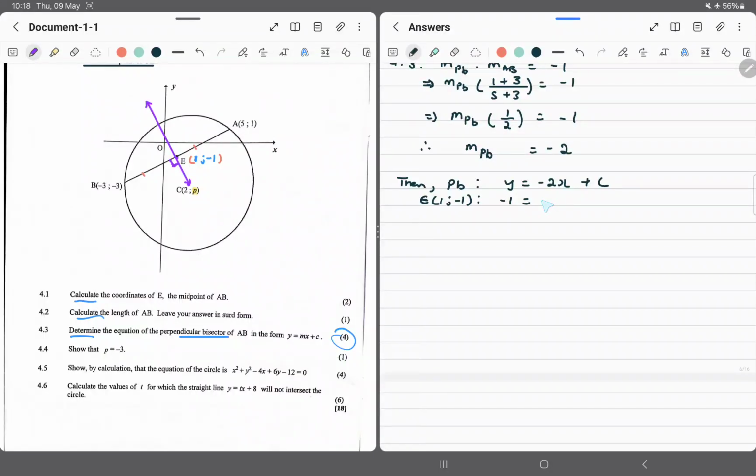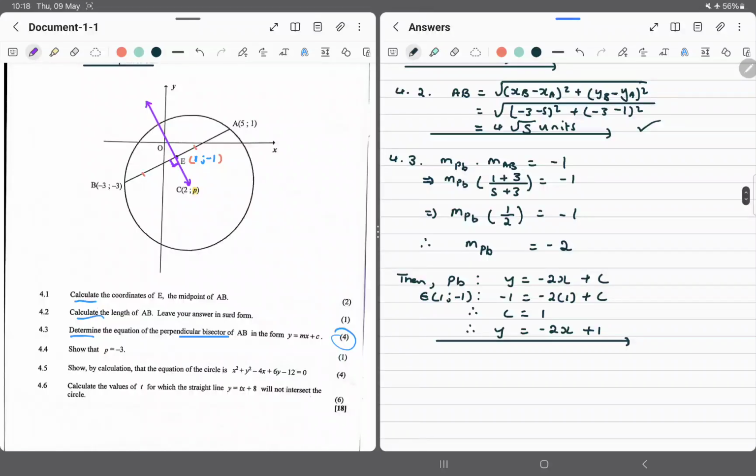So -1 is -2 into 1 plus c. Therefore our c, this is -2 to that side, it gives us 1. Therefore y is -2x plus 1. Okay. Easy stuff, not quite a big deal.